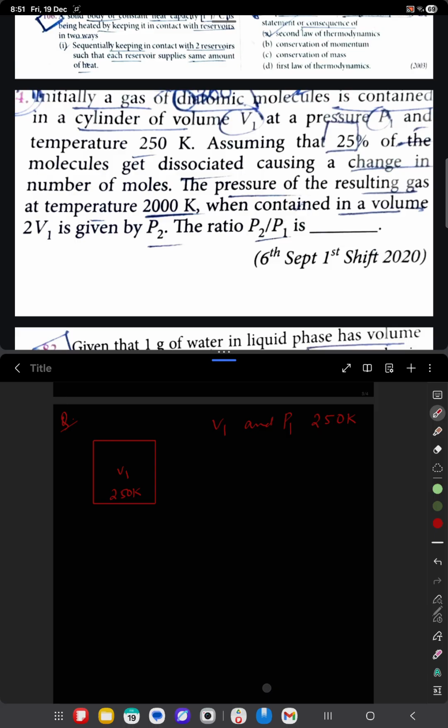So initially the diatomic gas was at 250 Kelvin, volume V1, pressure P1. So the number of moles is P1 V1 by R T1. Among the total number of moles, 25% of the molecules get dissociated.